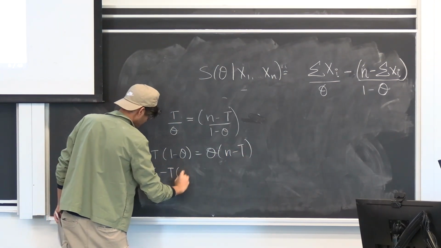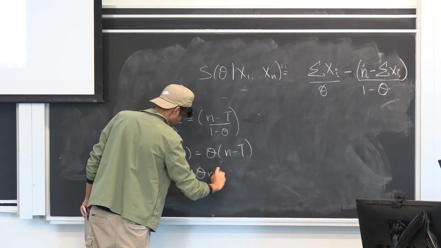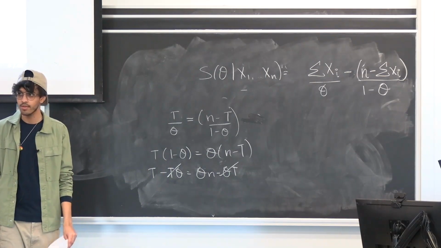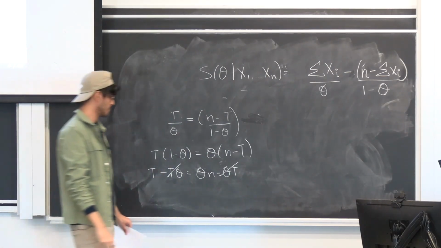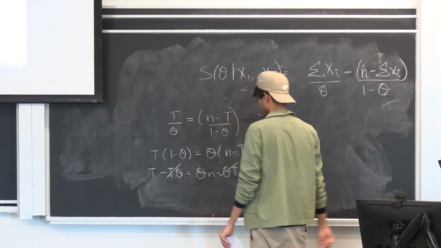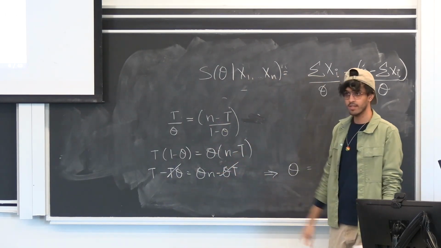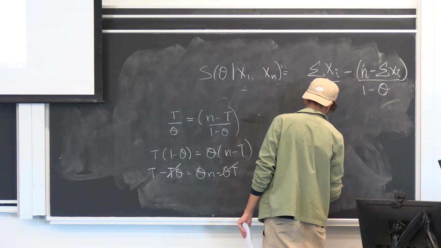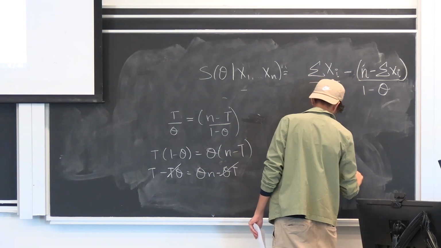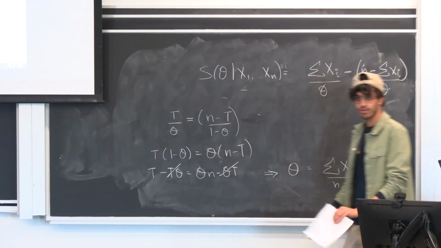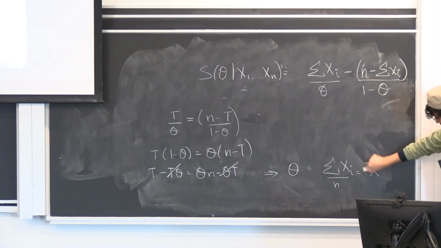So t minus t theta equals theta n minus theta t. The theta t's cancel out. What am I left with? Theta n equals t, so theta is t over n, right? And t was nothing but the summation. So it's the average, right? Take the average. That's your MLE.